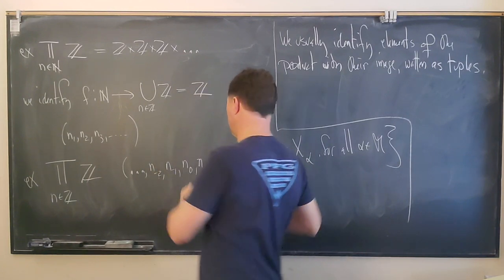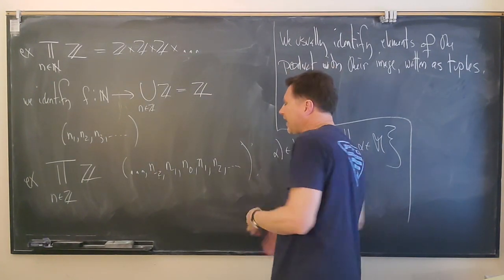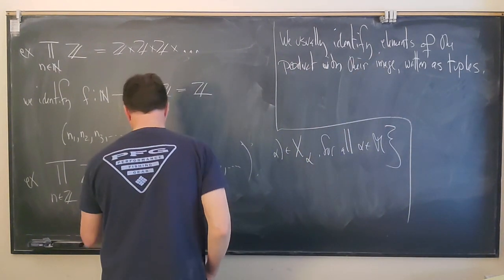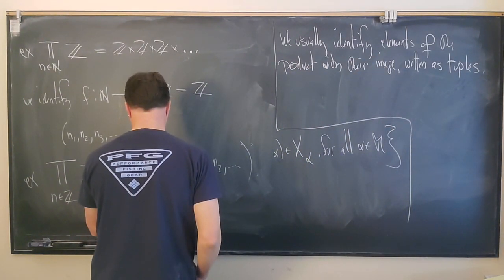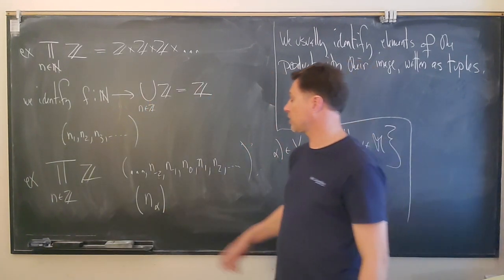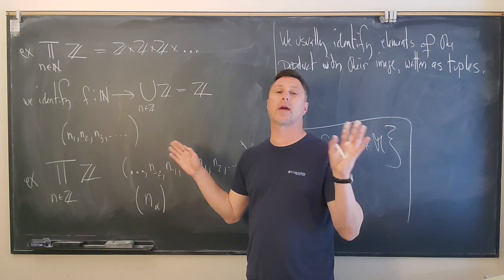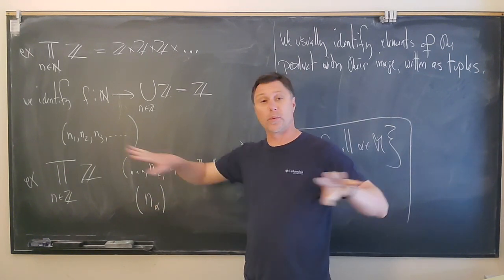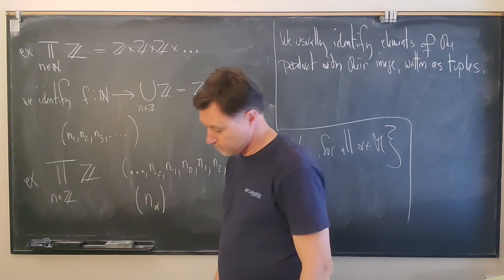It gets a little bit messy here, and so typically what we would really do is identify this with a single parentheses around an n sub alpha. If you want, you can think of this as an infinite tuple where we stretch in both directions.